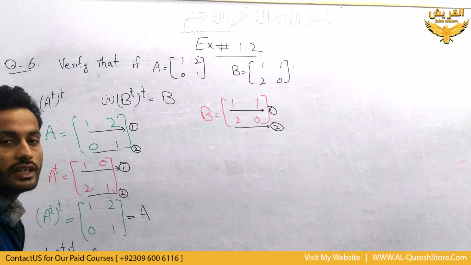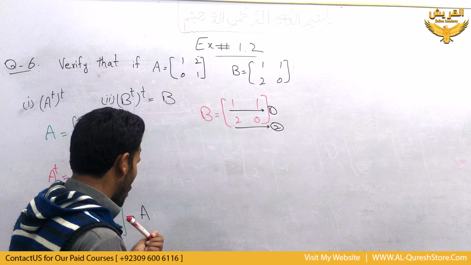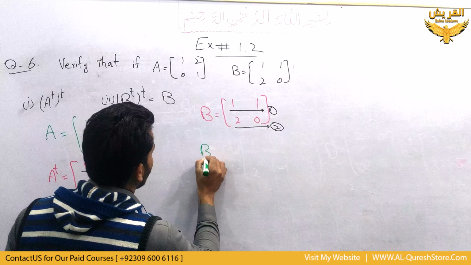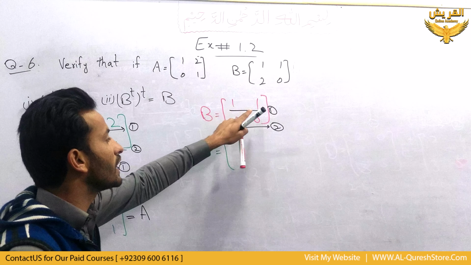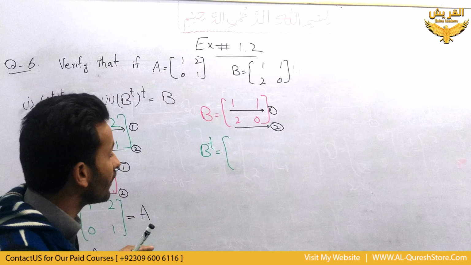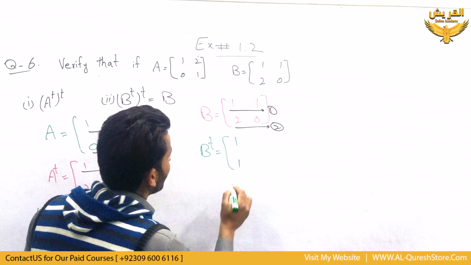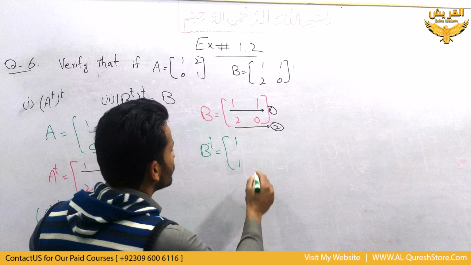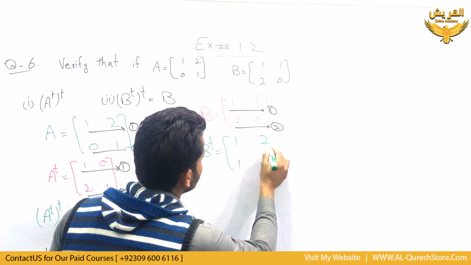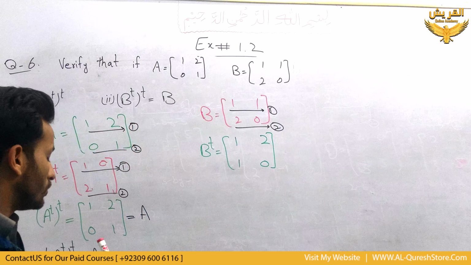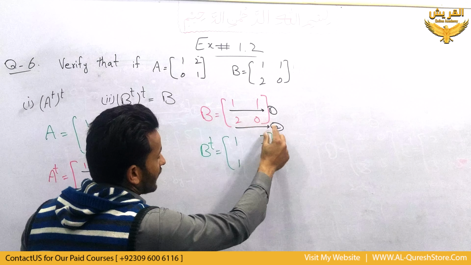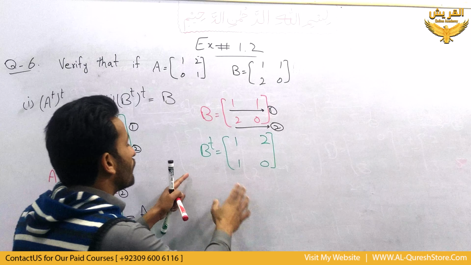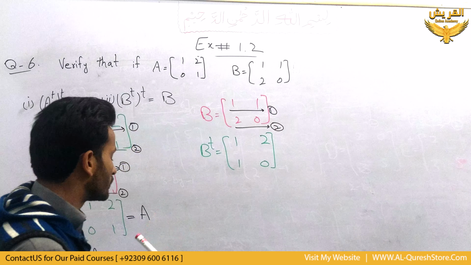We change these rows into columns in transpose. In B transpose, the first row becomes the first column, having entries 1 and 1. Second row having entries 2 and 0 becomes the second column. So we have found B transpose.